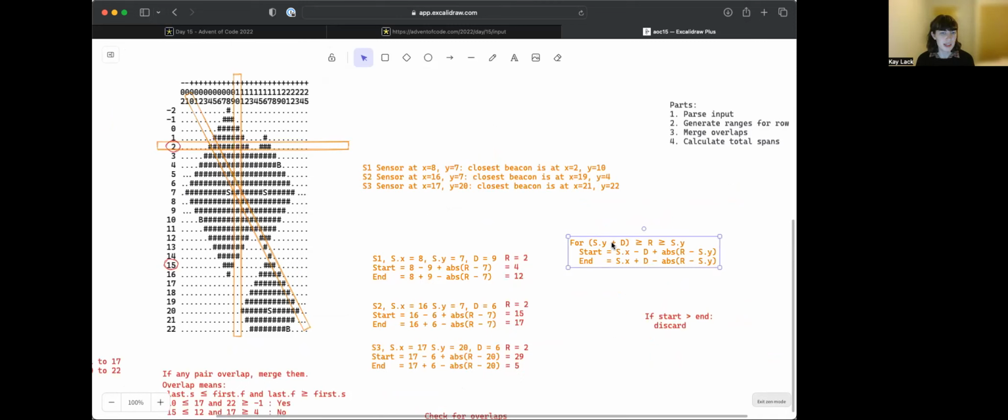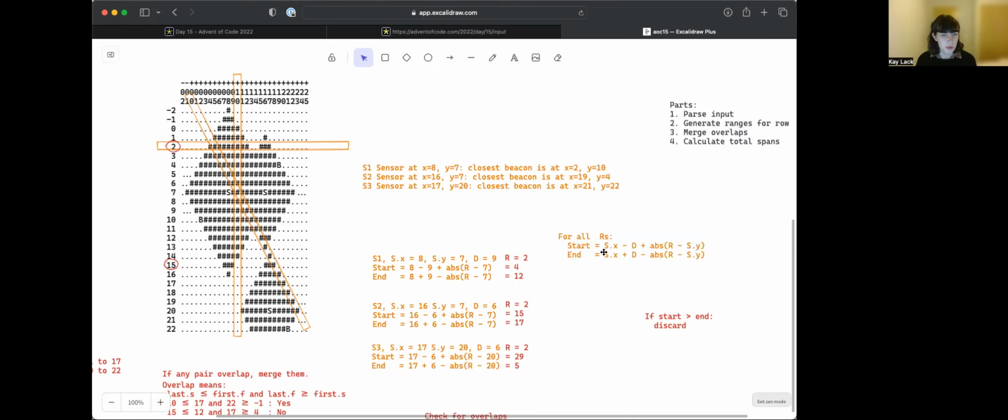So what we've got here, I don't actually think this is just for some, I think it's for all of them, for all rows. We'll call r the row number.